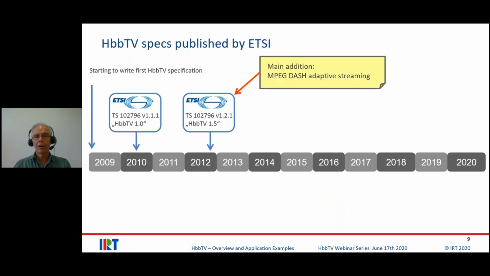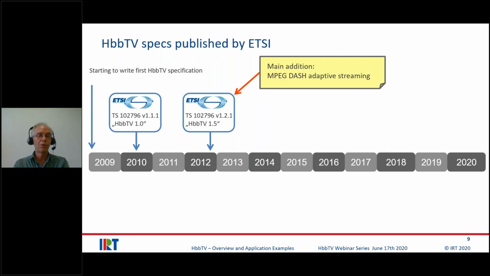The end result, or the most relevant end result, is specifications. There are a number of specifications, and with this graphics, I will guide you through this webinar showing all the developments in this area. So HbbTV is publishing its specifications via ETSI, so the European Telecommunication Standards Institute, which is the most relevant standardization body in digital television.